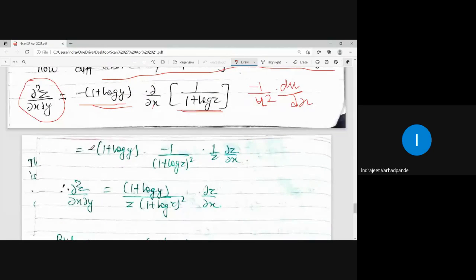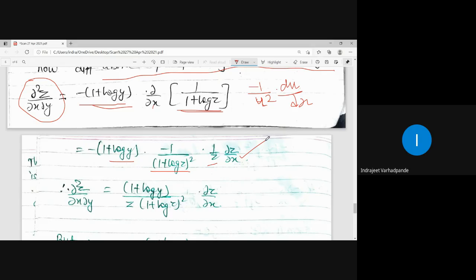How will it be? Minus of 1 plus log y constant, minus 1 upon 1 plus log z whole square into 1 by z del z by del x, because z is also a differentiable function with respect to x, right? जैसे derivative of log y लिखा जाएगा 1 by y into dy by dx. Similarly, derivative of log z will be written as 1 by z into del z by del x.